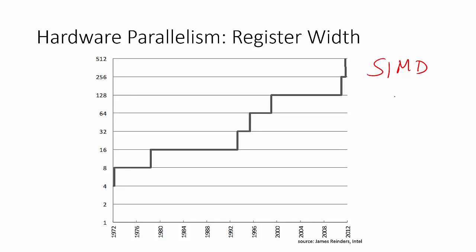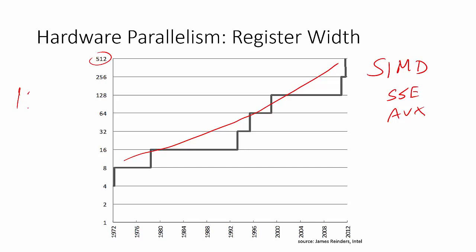We have SSE instructions, we have AVX, and this is from Intel, and other vendors have similar kinds. And you'll see here that from 1980 and onwards, or even from the 70s, this has been steadily increasing, with a higher increase rate in the later years. And now we have processors with 512 bits.